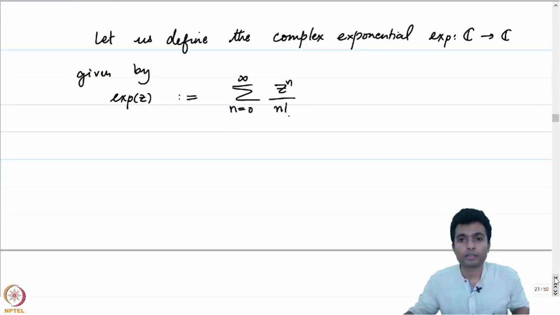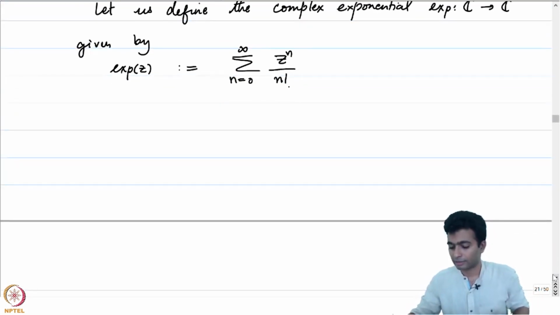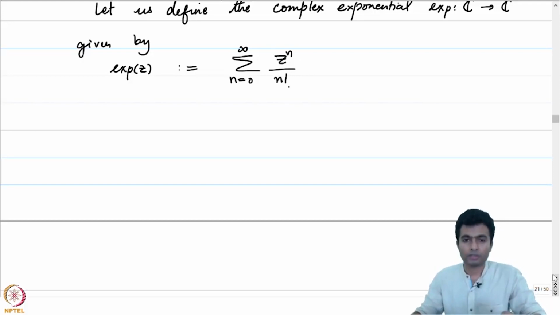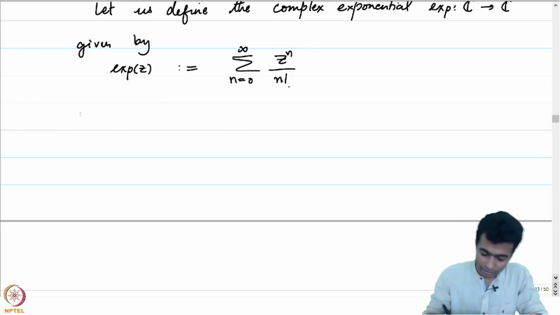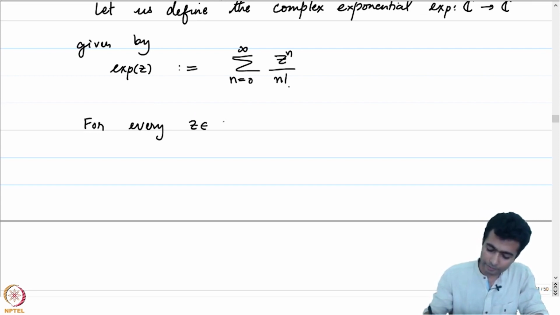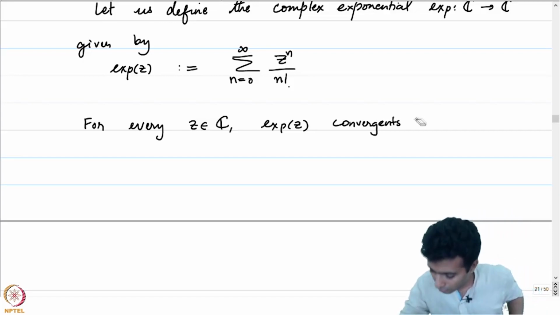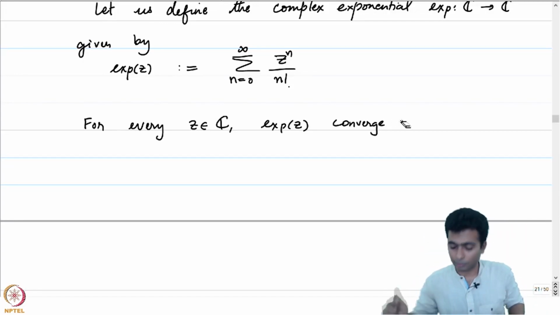The fact that summation x to the power n by n factorial converges absolutely tells us that for every z in C, this series converges absolutely. That's something which we get for free from the theory developed on the real line.